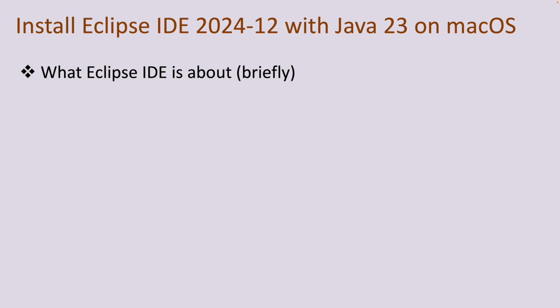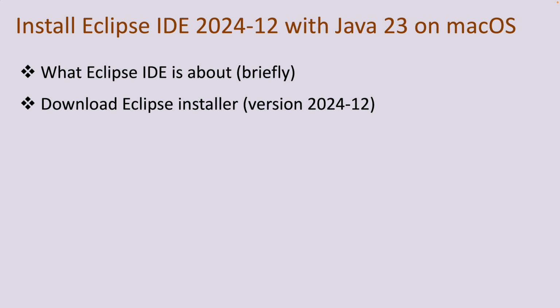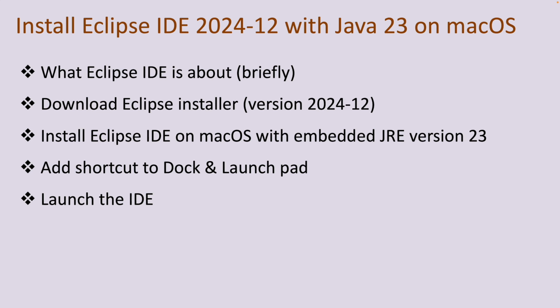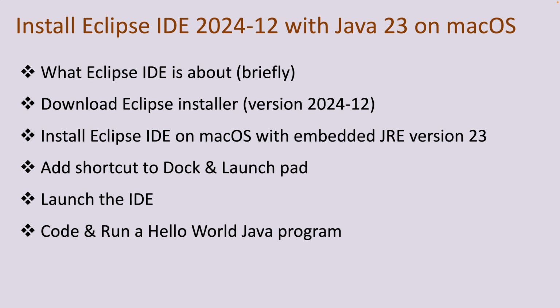In details, I will be talking about what Eclipse IDE is about briefly and show you how to download the Eclipse installer and install Eclipse IDE for Java Enterprise and web developers on macOS with embedded Java runtime environment or JRE version 23. And you will also learn how to add shortcut of Eclipse IDE to dock and Launchpad on macOS, and then launch the IDE to code and run the Hello World Java program.